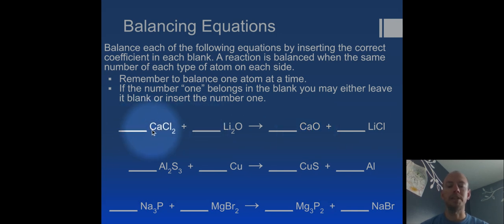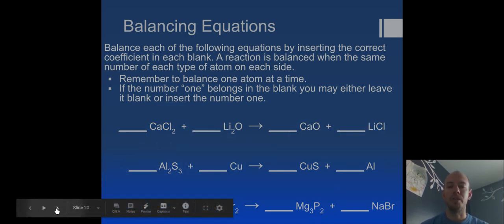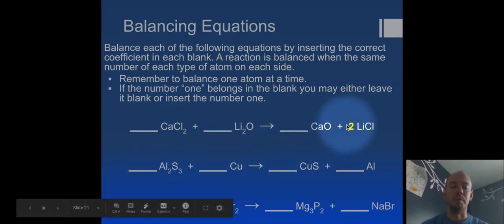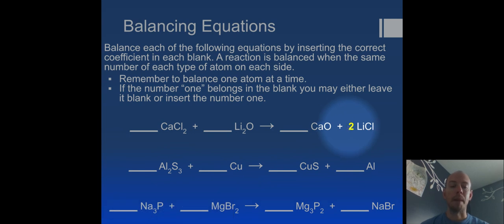We don't need to make any changes based upon that, but we've got 2 chlorines here and only 1 over there. So the first coefficient we would try would be putting this 2. By putting that 2, now I have 2 chlorines and 2 chlorines. As I keep going, I see I'm supposed to have 2 lithiums. Good news. We just put a 2 in front of the lithium. 1 oxygen, 1 oxygen.